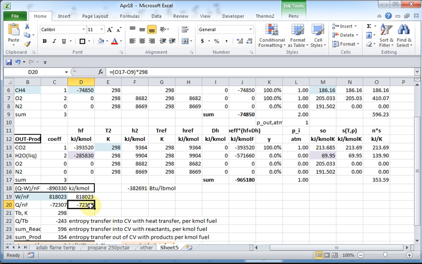I just went back to the first law. Everything on the right-hand side was calculated, the sum of the products, sum of the reactants, and then brought over to Q, and so there it is. So that's our answer.